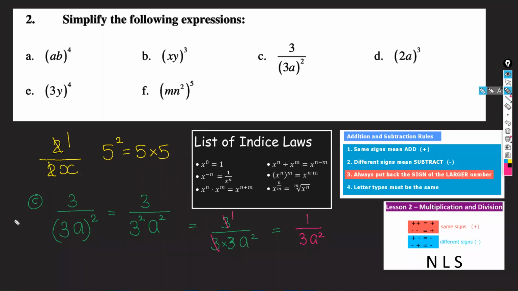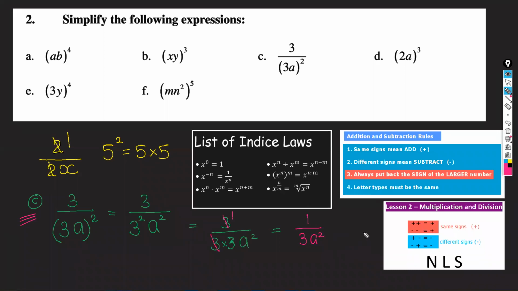So to me, this is one way of working it out, the long way without using any indices rules. You notice we didn't use any of these rules here. Now I want to point out something. Somebody had a mistake.